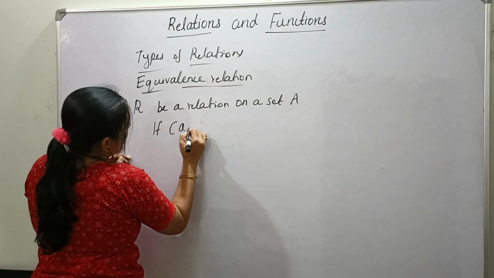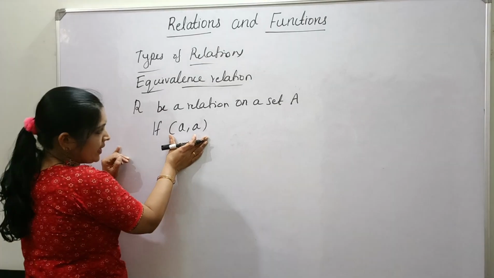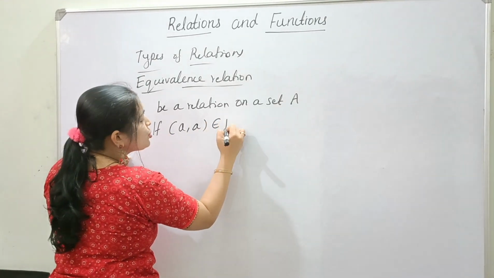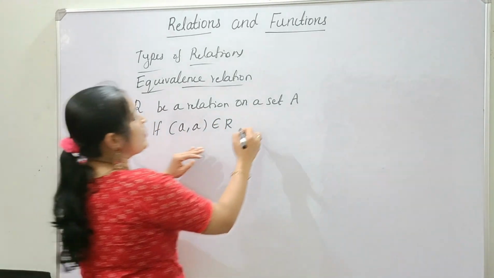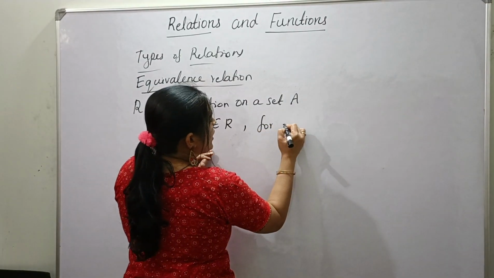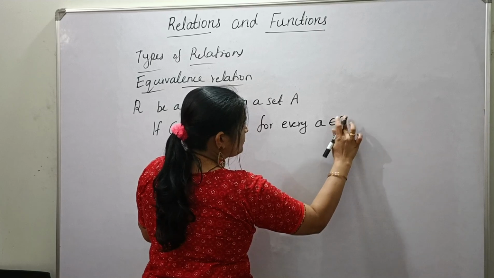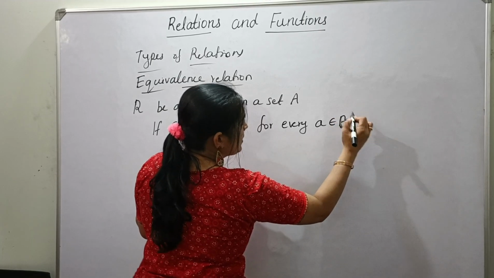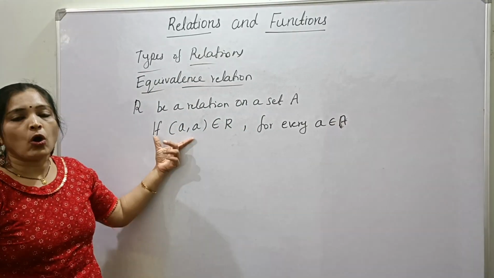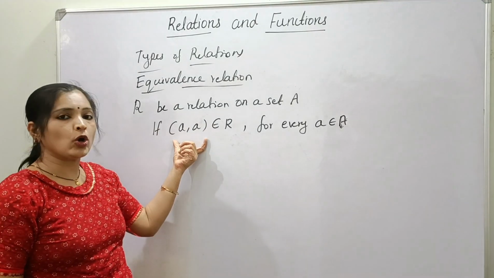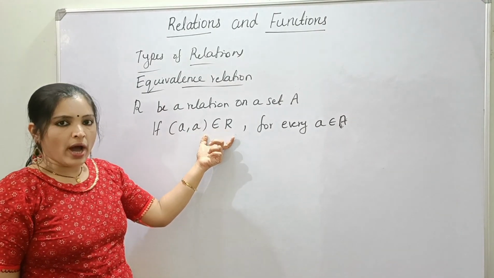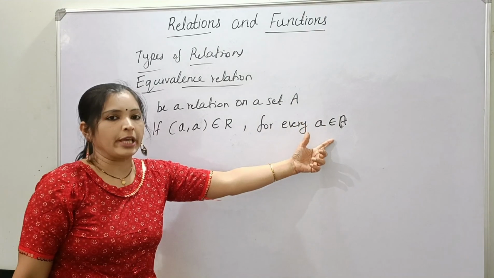If the ordered pair (A, A) belongs to R for every A belongs to A.